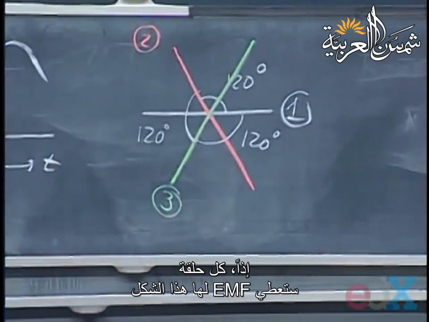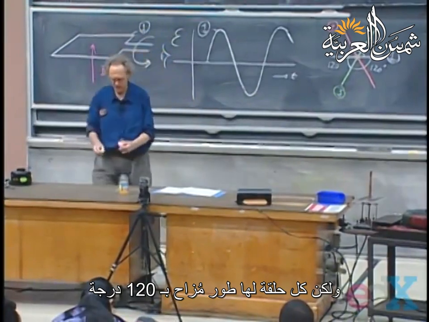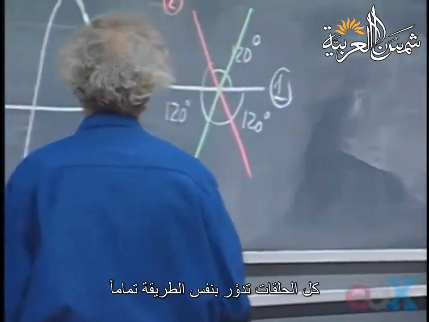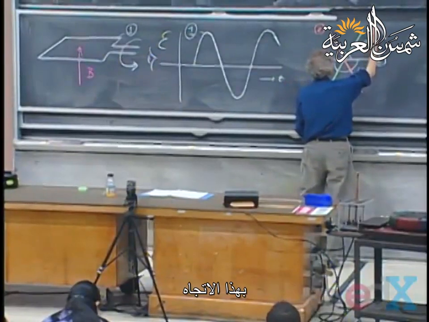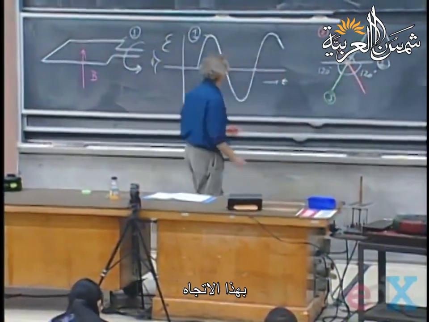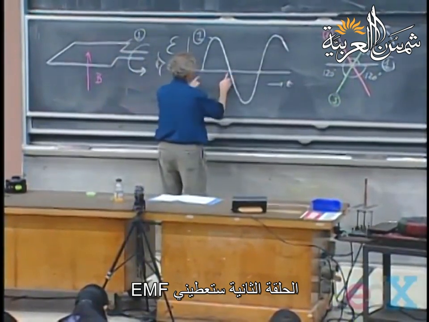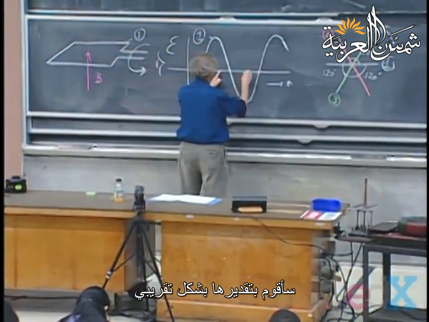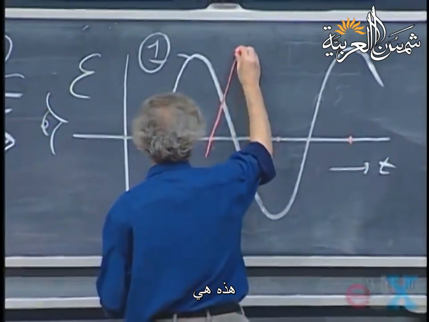And so each one of those will give an EMF that has this shape, but they are offset now in phase by 120 degrees. And so they're all rotating in exactly the same way, like so. And so the second one will give me an EMF, if I try to estimate that roughly, something like this.